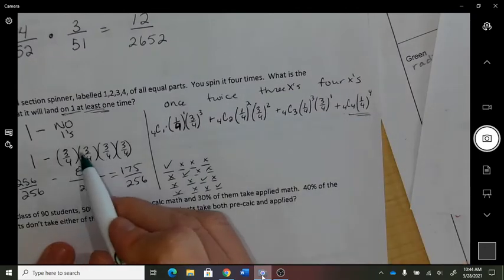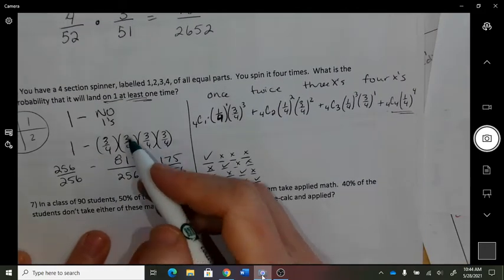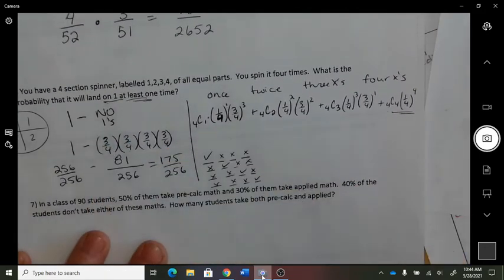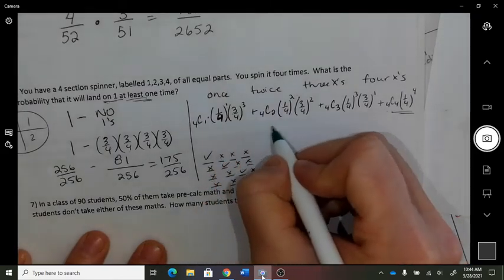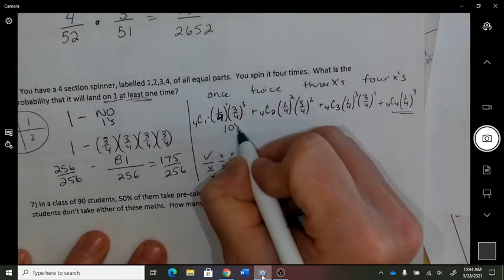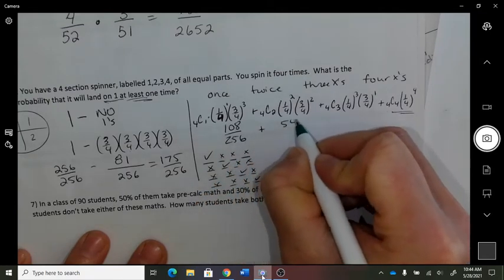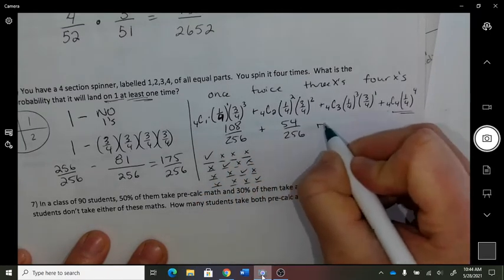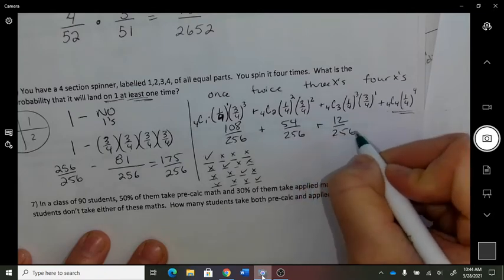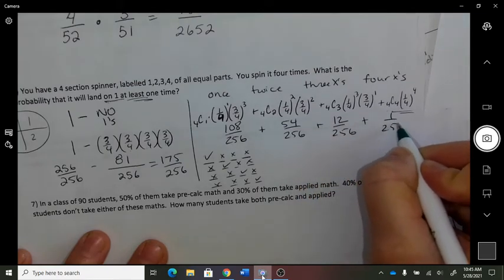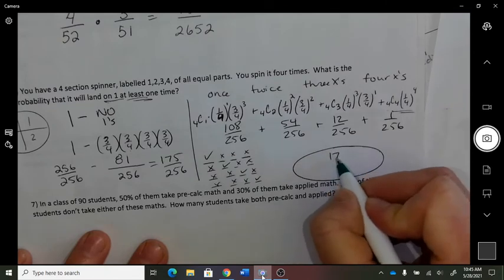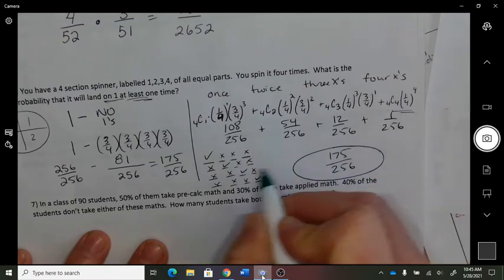This would be also why I don't need 4 choose 4 there, because 4 choose 4 is just 1. So if you did that, all of your fractions, 108 over 256, 54 over 256, 12 over 256, and 1 over 256, they would add up to the same answer.